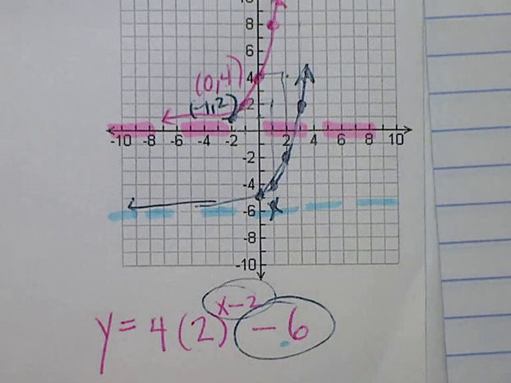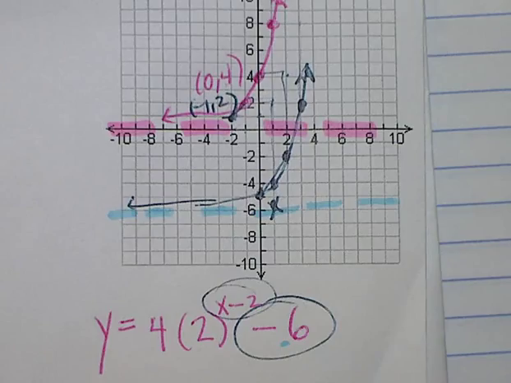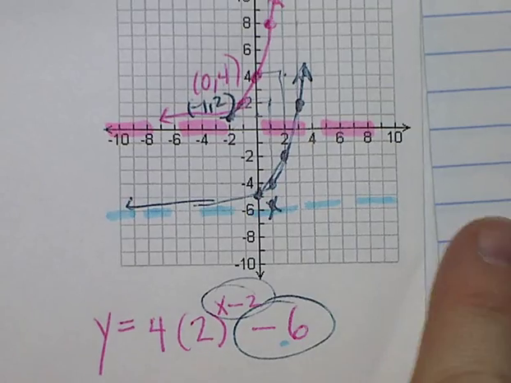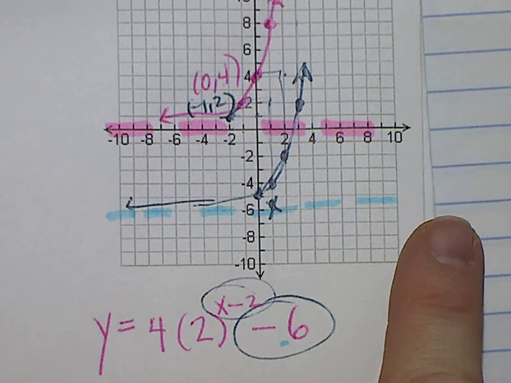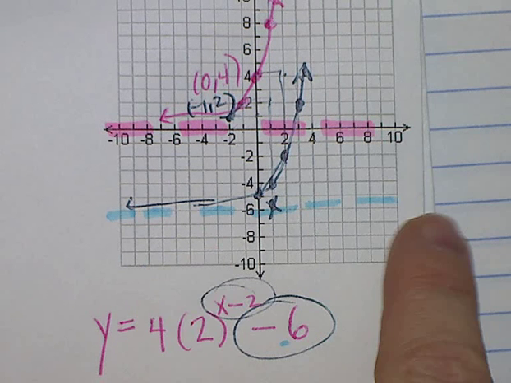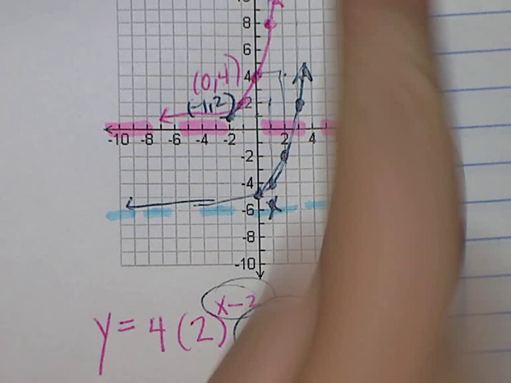Now give me the equation for the horizontal asymptote. Y equals -6. What is the end behavior? As x goes to the right, what's happening? As x goes to the right, it's going up, positive infinity. What about as x goes to the left? -6.